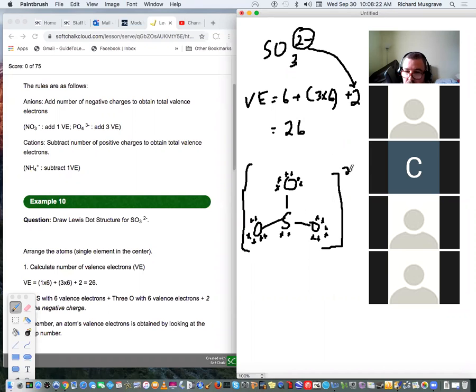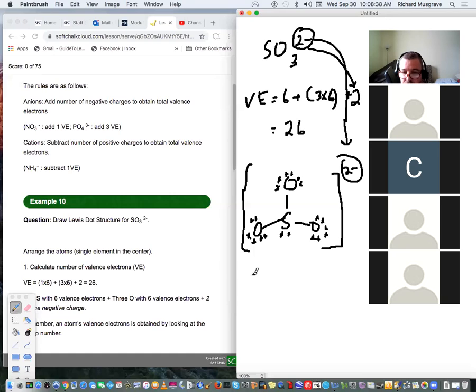Okay, so that would be, and then what we do is we put square brackets around it and we put the 2 minus on the outside. And that will give us our complete structure.